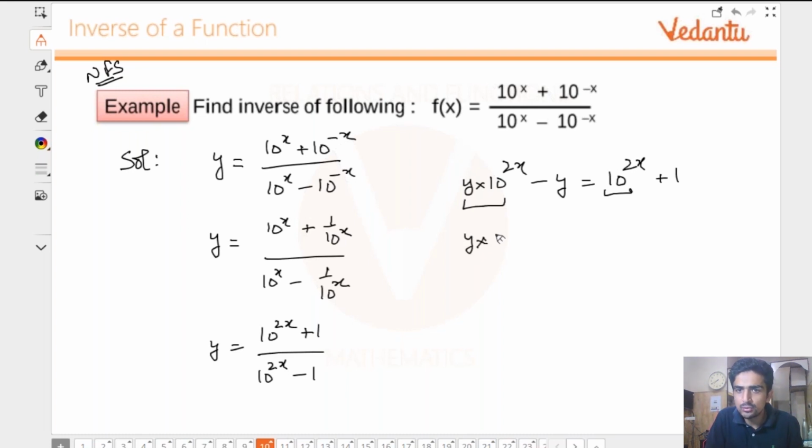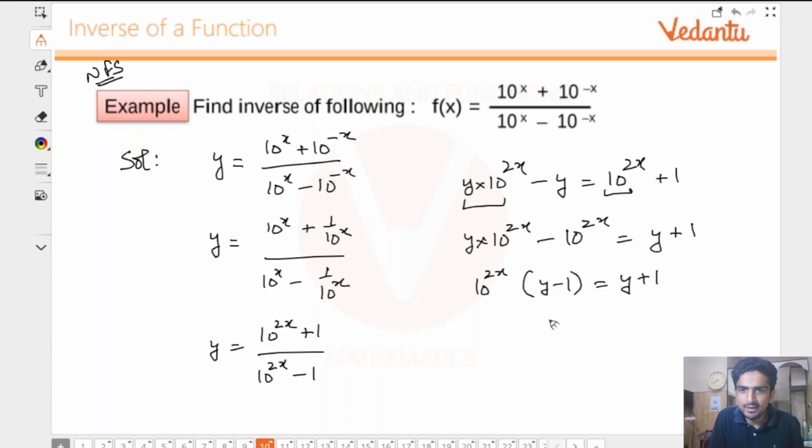So y into 10 power 2x minus 10 power 2x, I am keeping y to the right hand side. We get this. From here 10 power 2x comes out, we get y minus 1 inside. And finally we have the value of 10 power 2x.